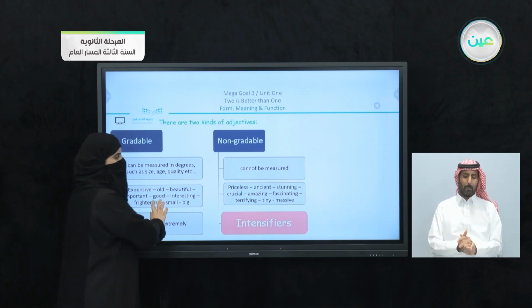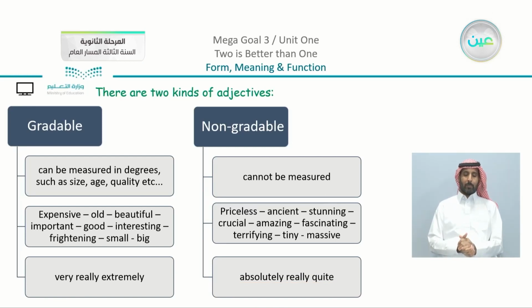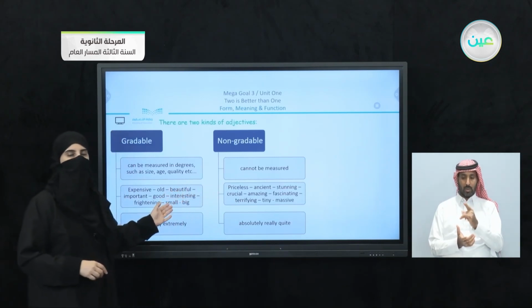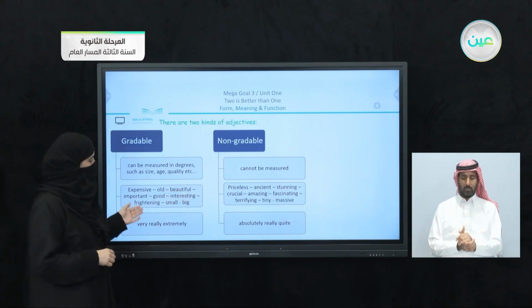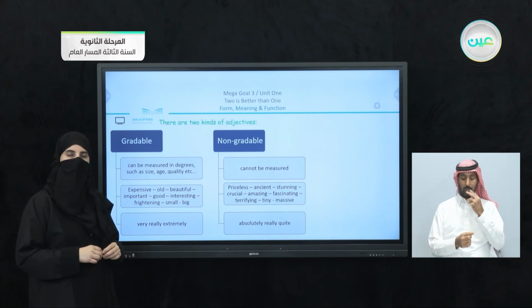Now there are different intensifiers we can use. Actually, you can say that really can be used with both types, but we have here absolutely and quite. So I can say that she looks absolutely stunning, but I cannot say absolutely beautiful. I must say very beautiful or extremely beautiful.